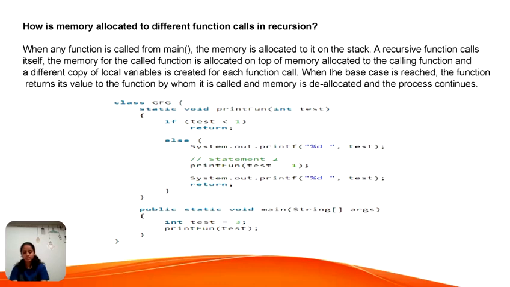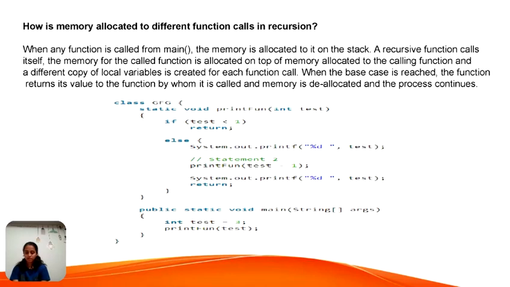It prints the value of test using the System.out.println statement. Then it calls the printFunction method again with the parameter test minus 1. This is the recursive part where the method calls itself with a smaller value of test. After the recursive call, it prints the value of test again.